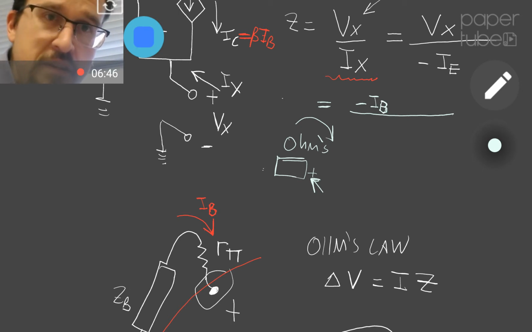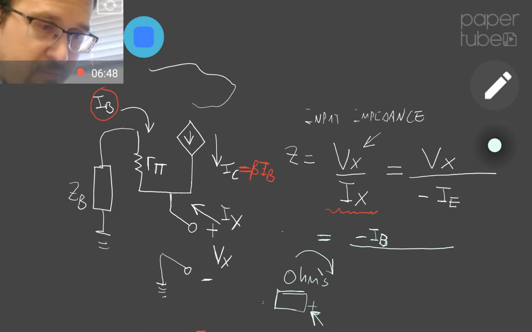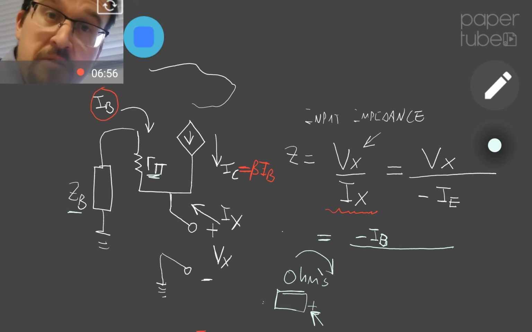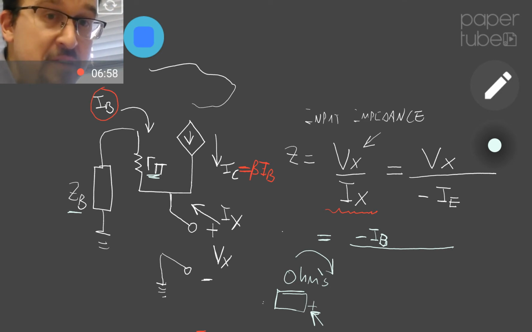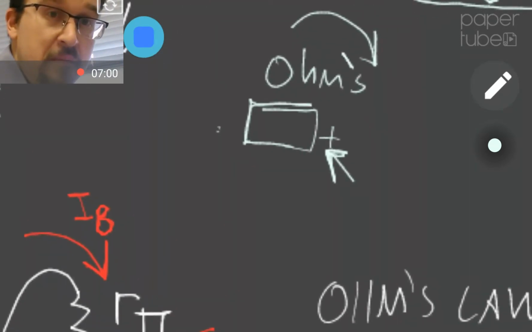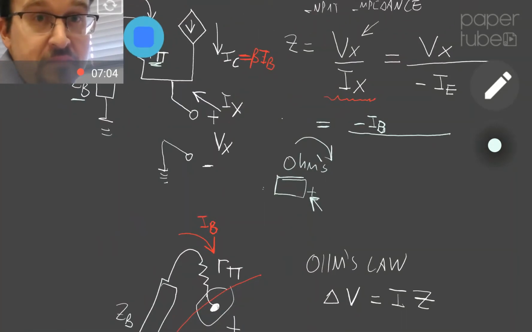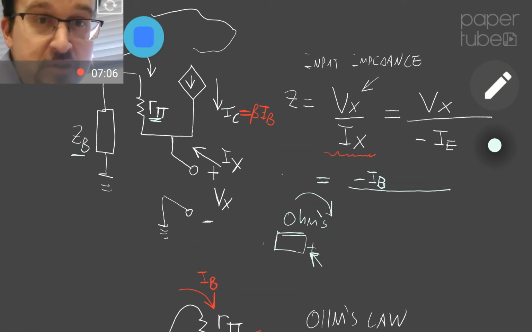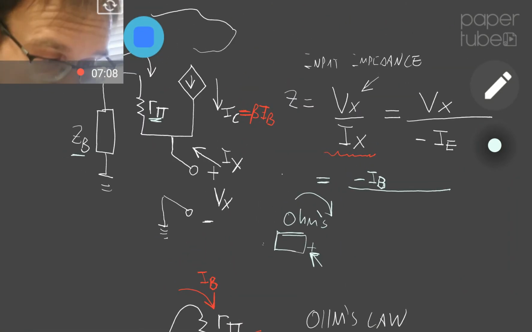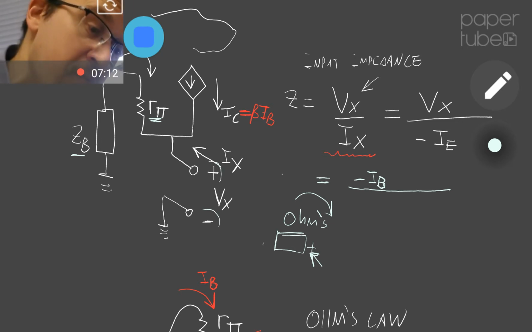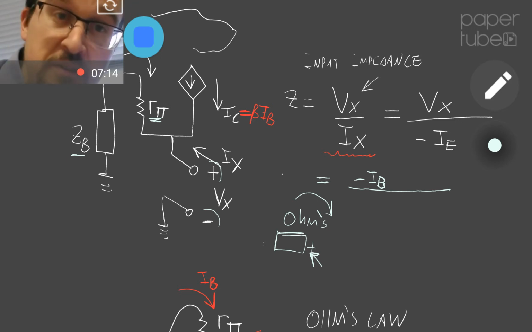So when we look at the current that's involved inside this branch right here with R pi and Z base, we have another name for that current. It's IB, but it happens that in the definition of Ohm's law, we need the current that goes into the plus. The plus we don't have a choice about. Vx we've chosen as looking at this terminal and this terminal, and we define the voltage of plus with respect to minus as I've drawn in this picture.